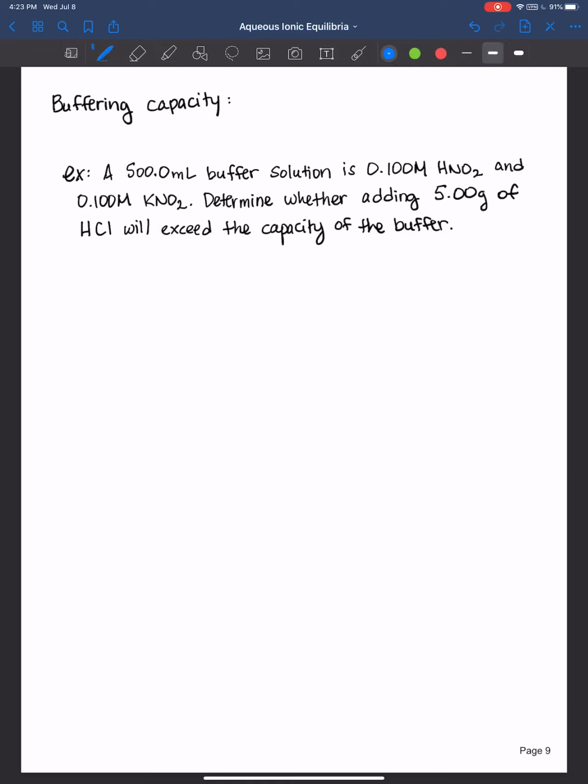So the buffering capacity is the amount of acid or base we can add to a buffer without causing a large change in pH.